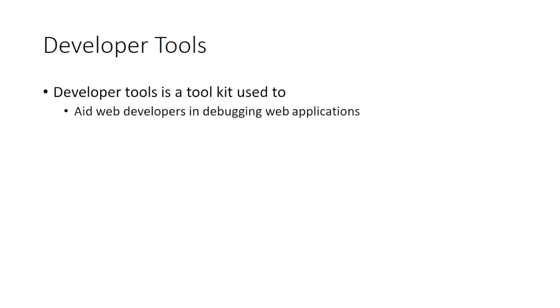So now let's take a look at the developer tools that come with browsers. Every modern browser includes developer tools. It's a toolkit used to aid web developers in debugging web applications, and it also helps us have a look at what is going on in the website.